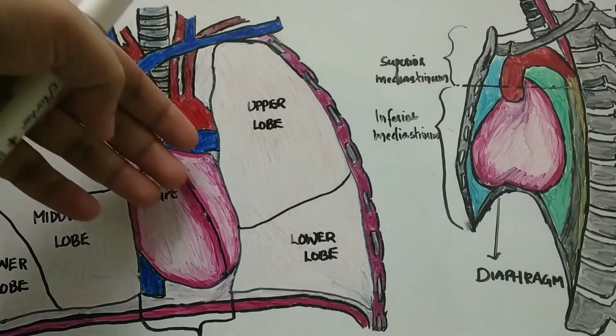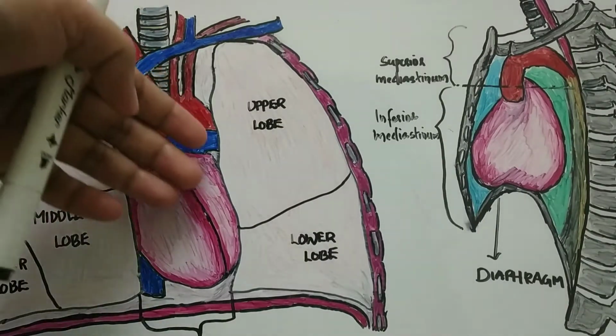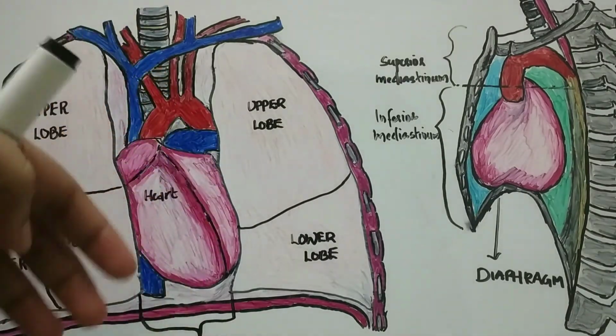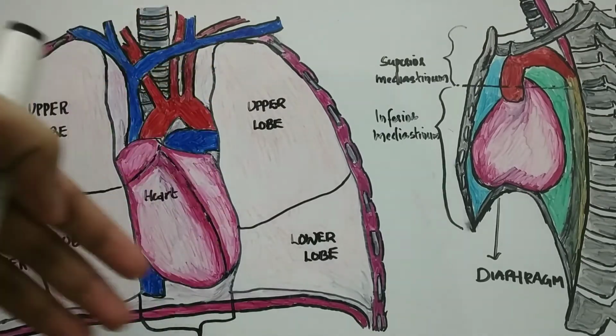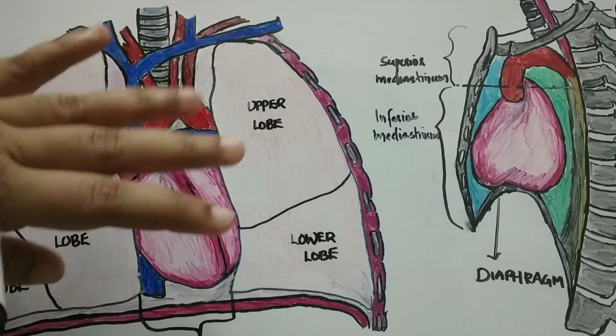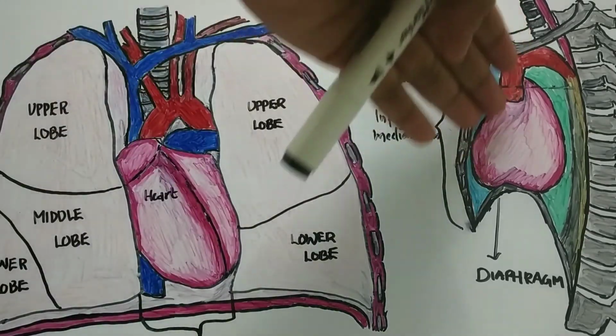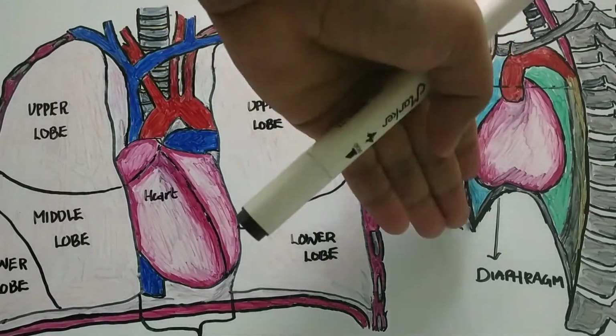Next is the inferior mediastinum. The inferior mediastinum is the space where the heart is located. It is again divided into three: the anterior mediastinum, the middle mediastinum and the posterior mediastinum. The anterior mediastinum is the space in front of the pericardium.